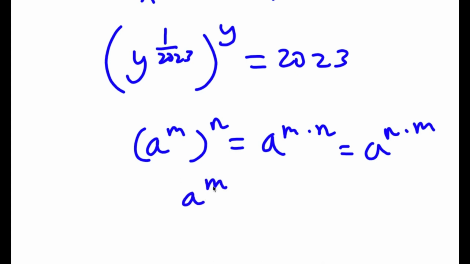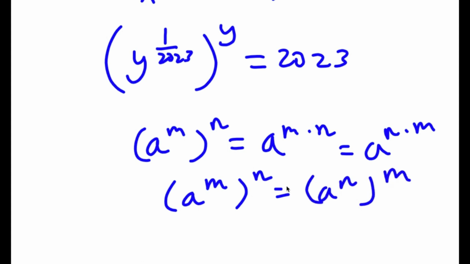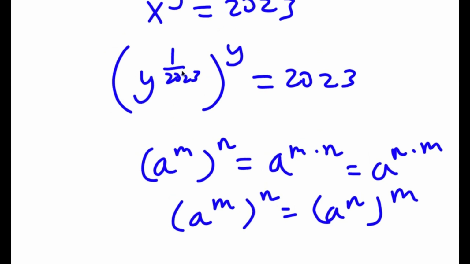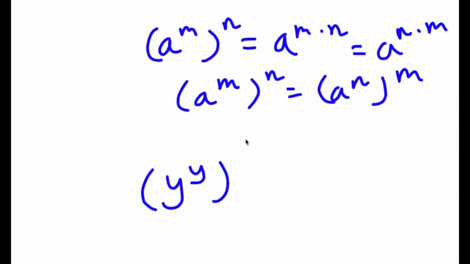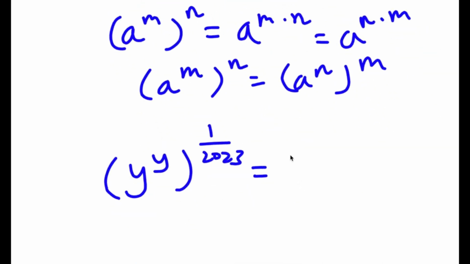Meaning, a to the power of m to the power of n would equal a to the power of n to the power of m. So you can switch the order of the two. So in this case, for y to the power of 1 over 2023 to the power of y, I'll switch the order. So now I have y to the power of y to the power of 1 over 2023, and this is equal to 2023.